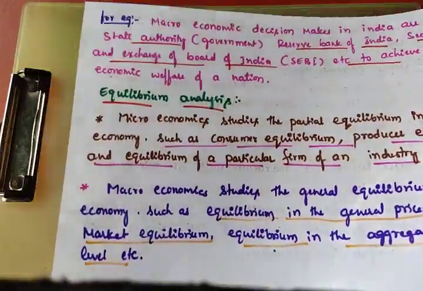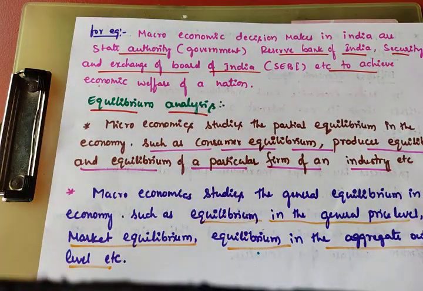The macroeconomic agents are the Reserve Bank of India, the government, and SEBI. Microeconomics studies small parts of an economy, and macroeconomics studies large parts of an economy. Microeconomics thinks about themselves; macroeconomics thinks about the welfare of the people.